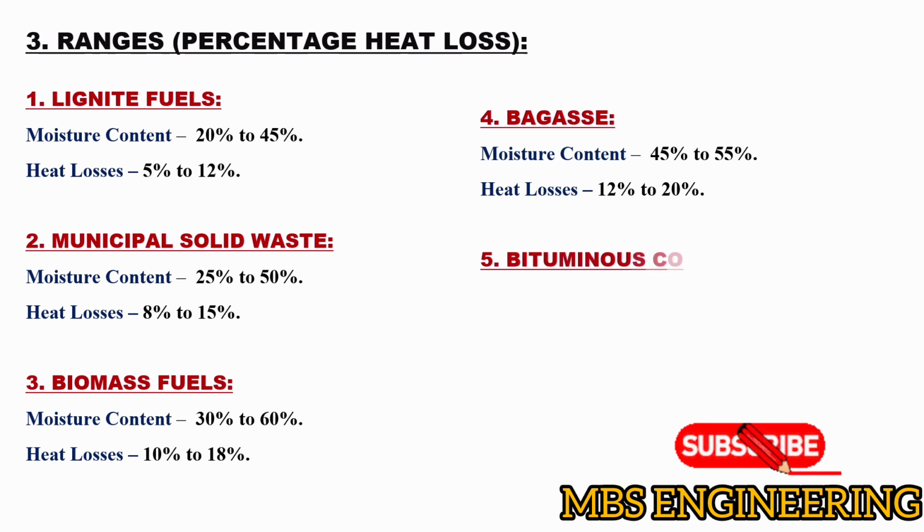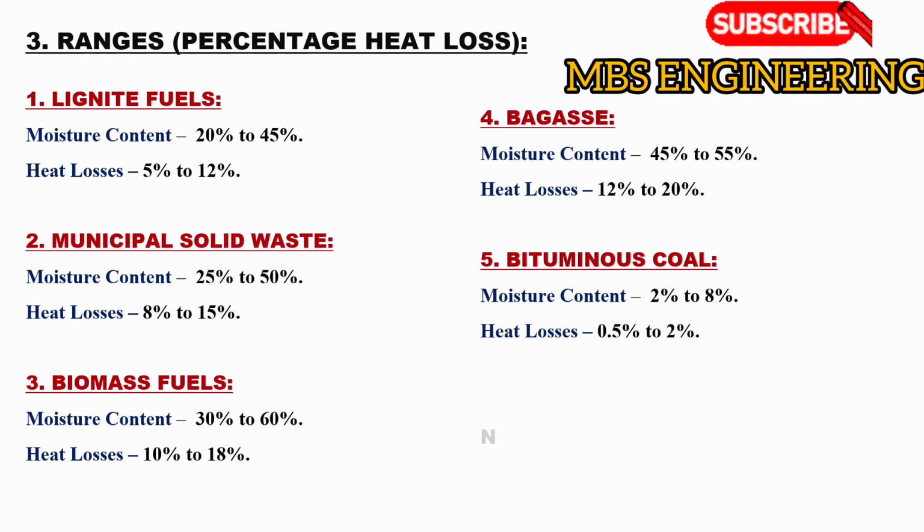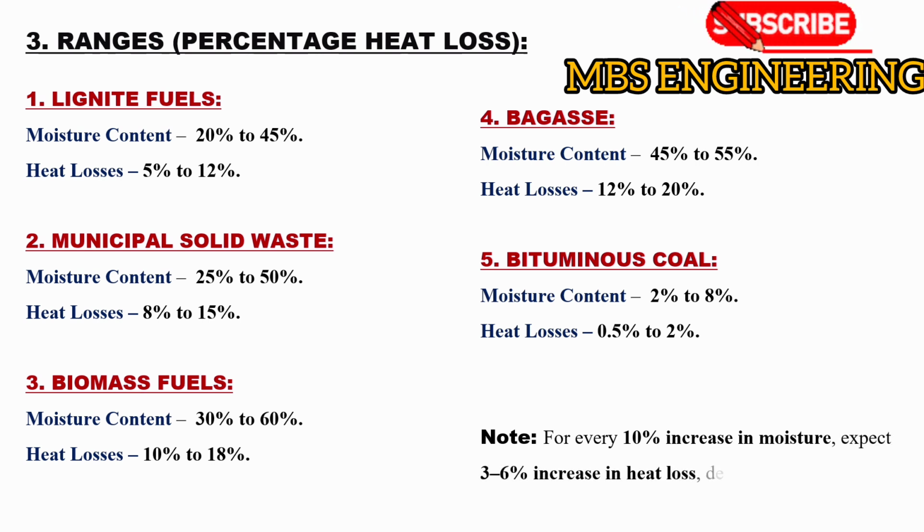Next, in bituminous coal, the moisture content ranges from 2% to 8%, and the heat losses range from 0.5% to 2%. Please note that for every 10% increase in moisture, expect a 3 to 6% increase in heat loss, depending on the flue gas temperature and fuel gross calorific value.